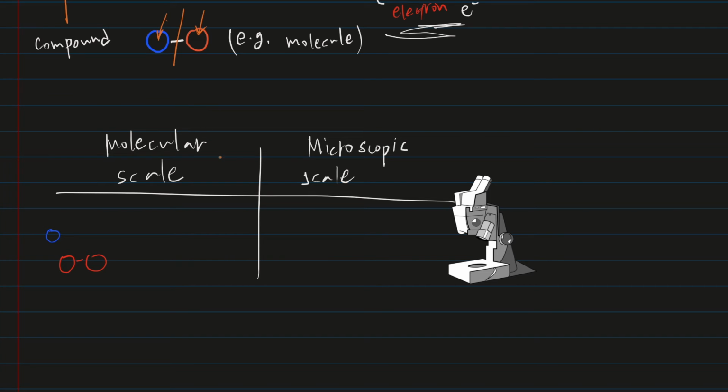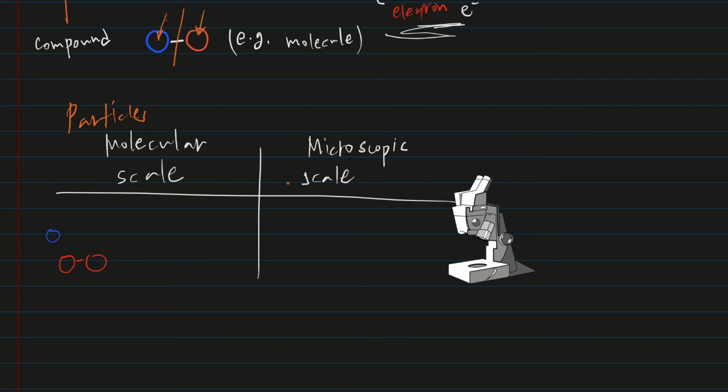When you talk about particles, what exactly are particles? Particles can be like biscuit crumbs, and they can be something like atoms. So we divide all the particles in the world into two scales. One is the molecular scale, another one is the microscopic scale.